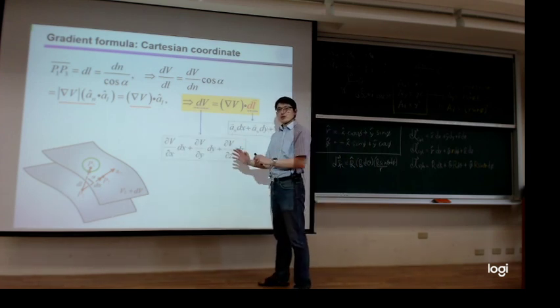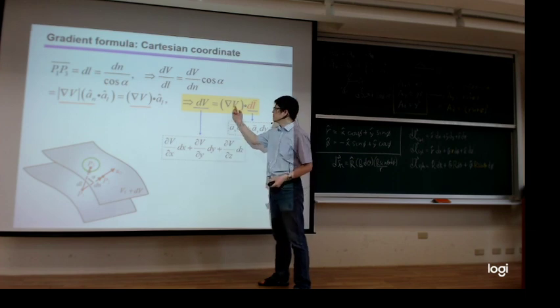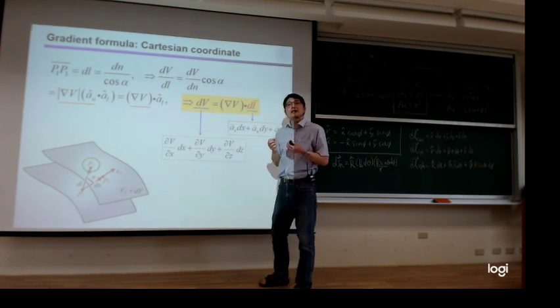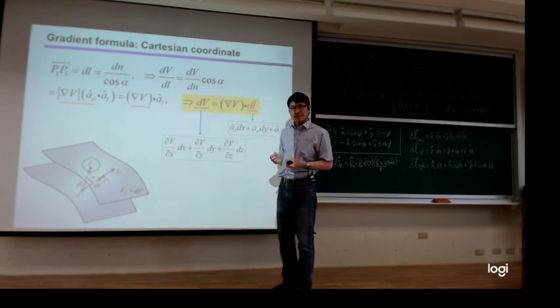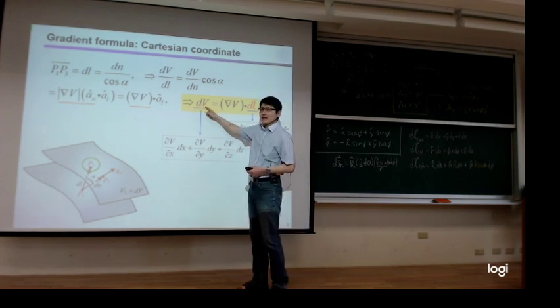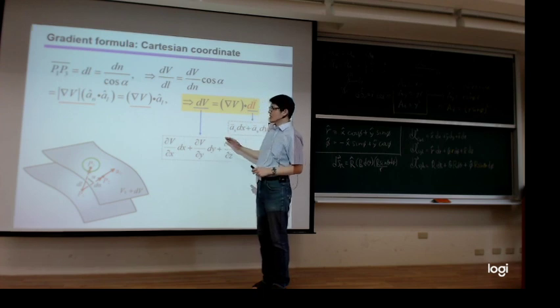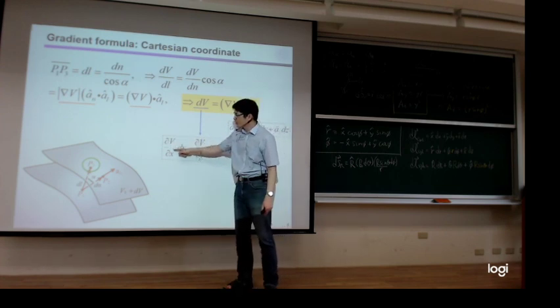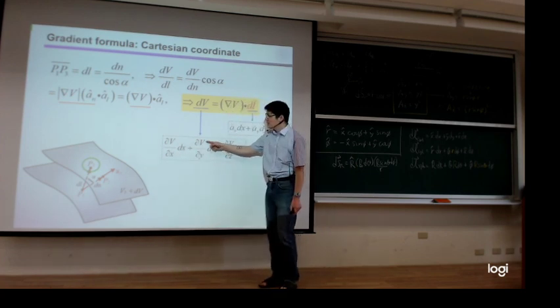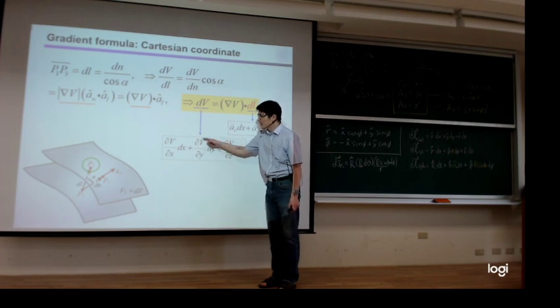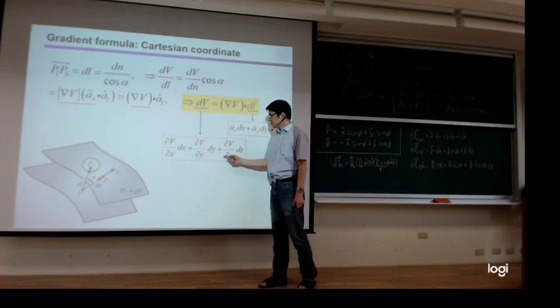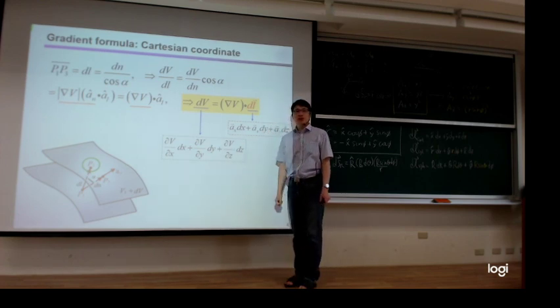If I first try to express everything, v, dl, in Cartesian coordinates, dv, my change in the scalar function in Cartesian coordinates, is a partial differentiation of v with respect to x multiplied by dx, plus the scalar function's partial differentiation in y multiplied by dy, plus the z direction.